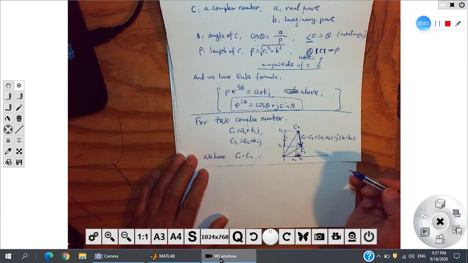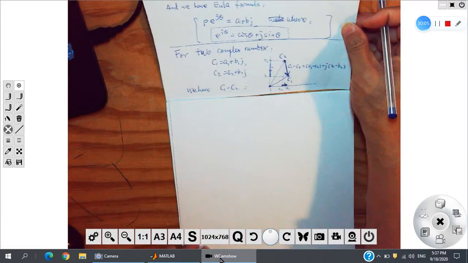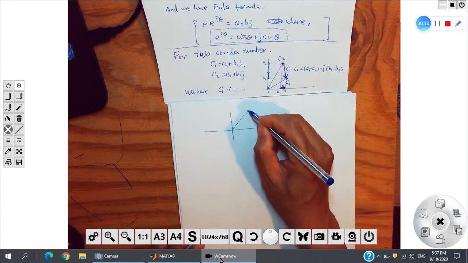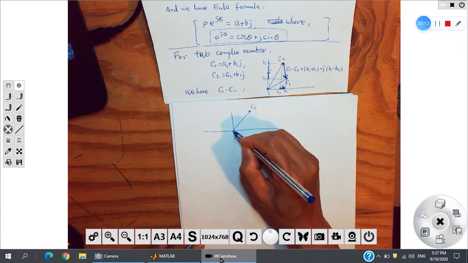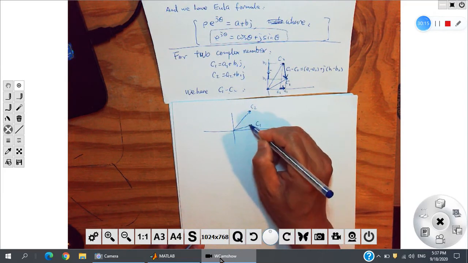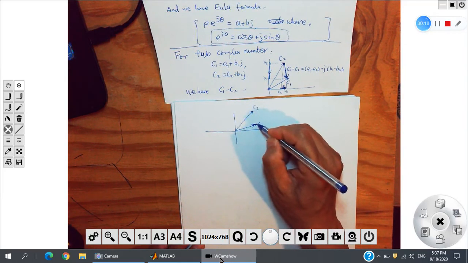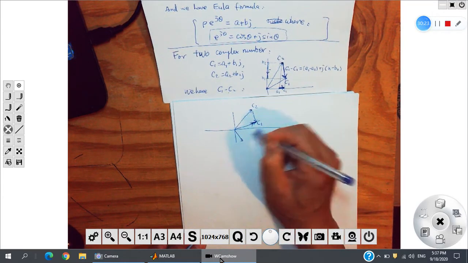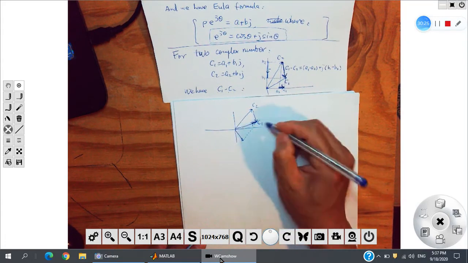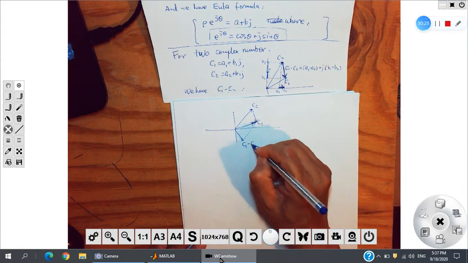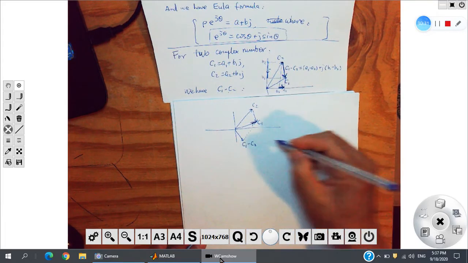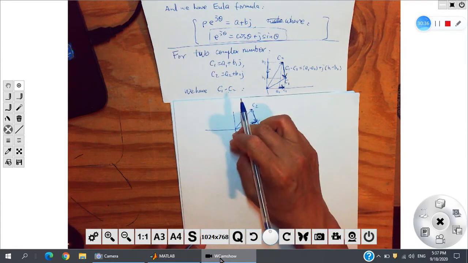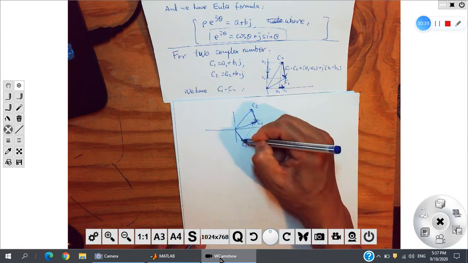I don't have enough space, so I give the graph again, like this. I have C2, I have C1, and this arrow is the same as this C1 minus C2. You just move it parallelly from here to here, so these two are the same.